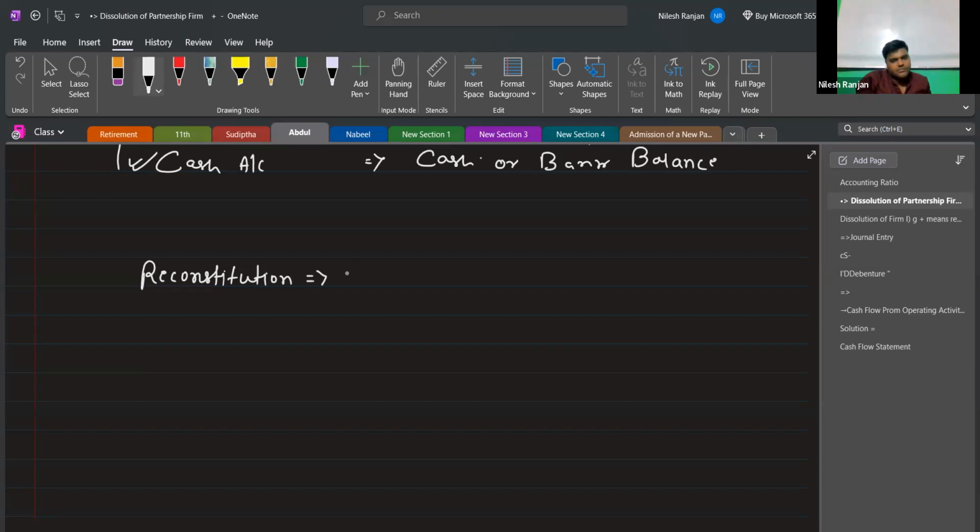Reconstitution is making change in profit sharing ratio, a change in relationship between partners.